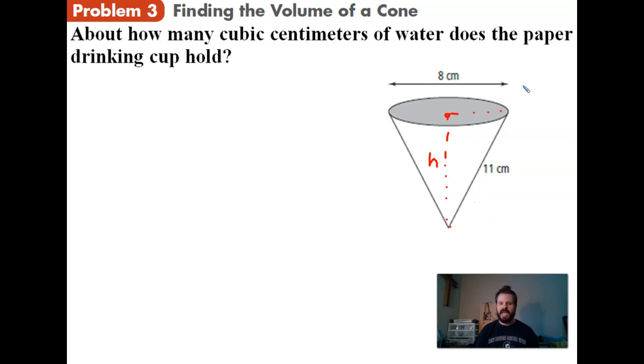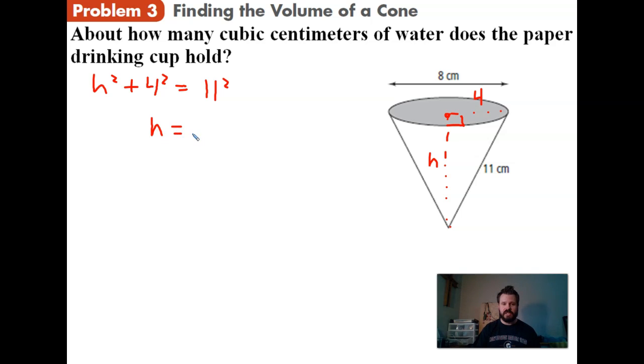Looks like 8 is the diameter of the cone, so we use the 4 for the side of a right triangle. So I can say h squared plus 4 squared is equal to 11 squared. And since this is the third time we've done this today, I'm going to skip a few steps. I'm going to subtract 4 squared from both sides and take a square root of both sides of the equation.